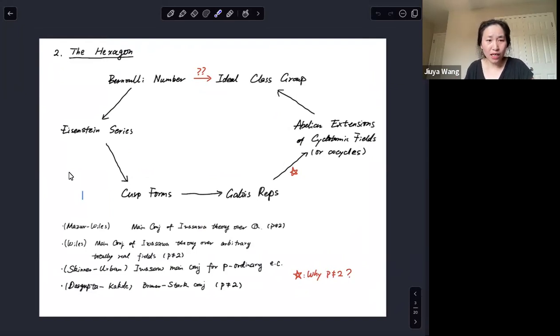And it has been used in other contexts, proving important results.